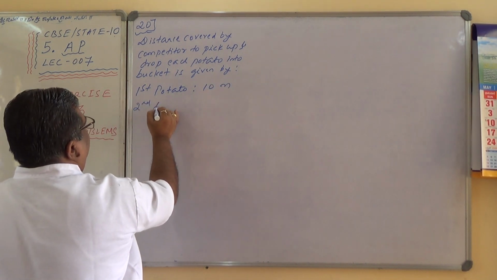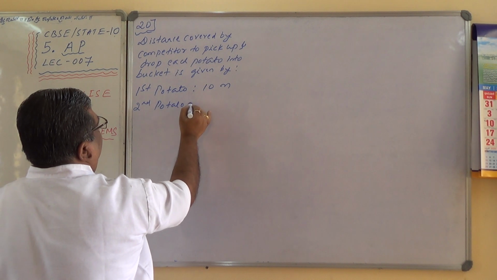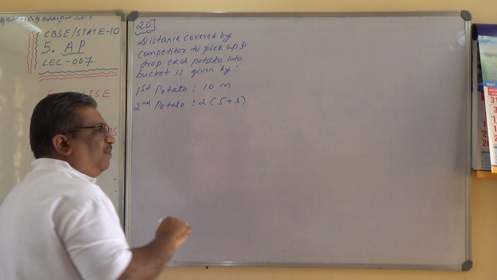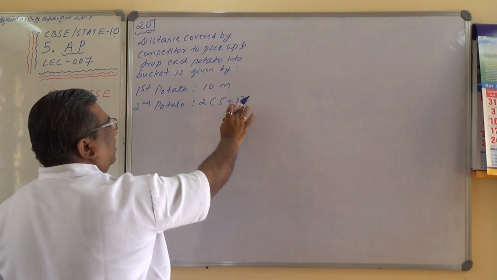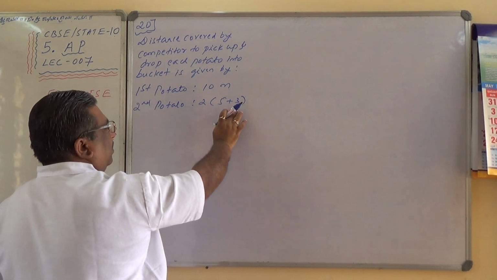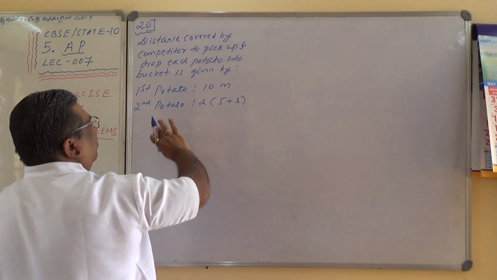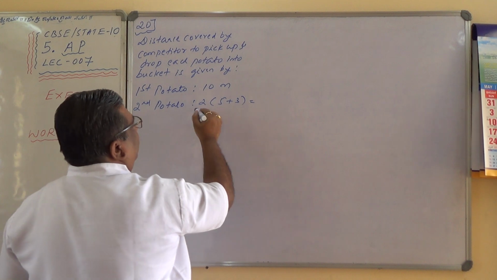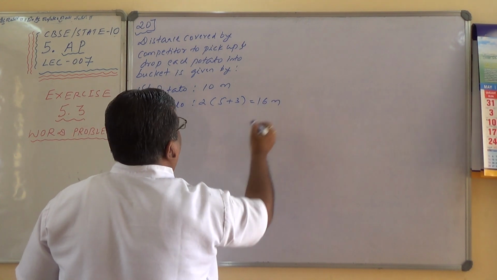Second potato, 2 times 5 plus 3 meters. 5 plus 3 is the distance from the bucket to the second potato, and back to the bucket, so 2 times 5 plus 3, which is 8 into 2, 16 meters.